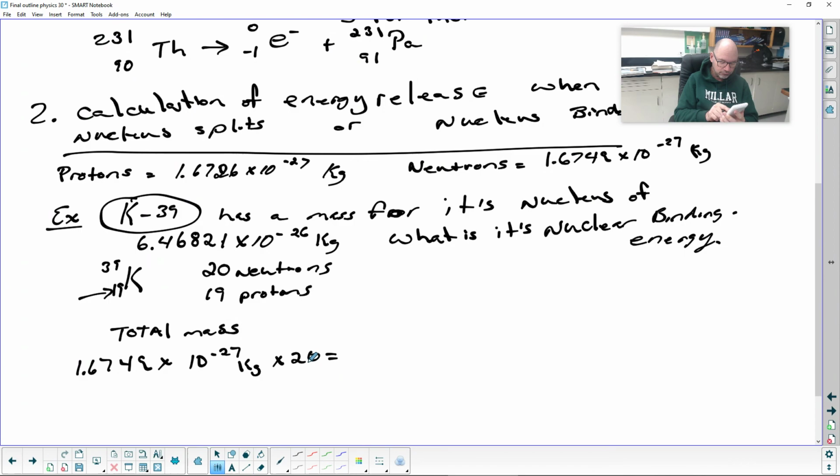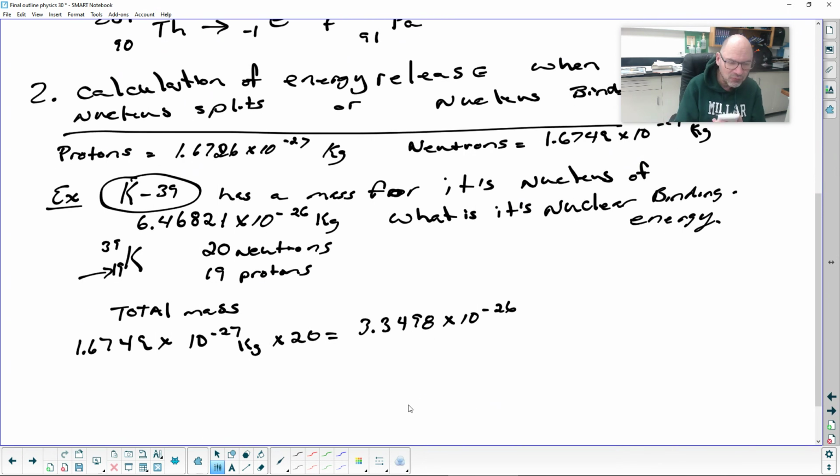Okay, so I get 3.3498 times 10 to the negative 26 kilograms.